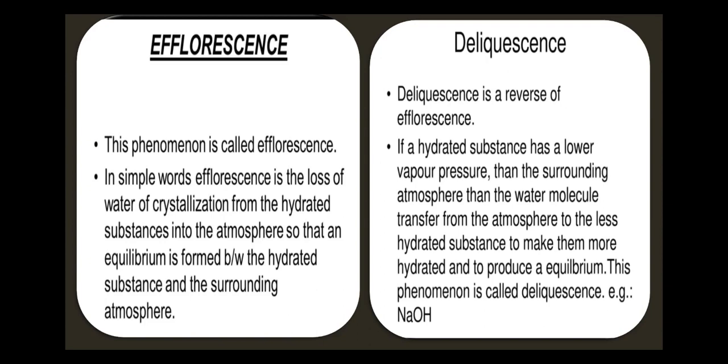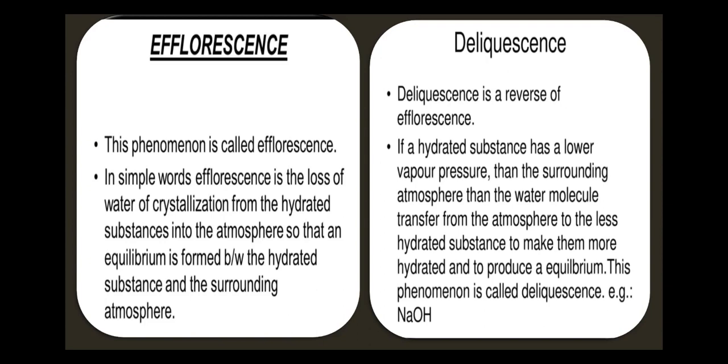Now, what is happening in deliquescence? It is just the reverse of efflorescence. We have said that in efflorescence the substance will have a vapor pressure more than the atmospheric pressure. So in deliquescence, if the vapor pressure is lower than the surrounding atmosphere, then the water molecules transfer from the atmosphere to the less hydrated substance to make it more hydrated and to produce an equilibrium.